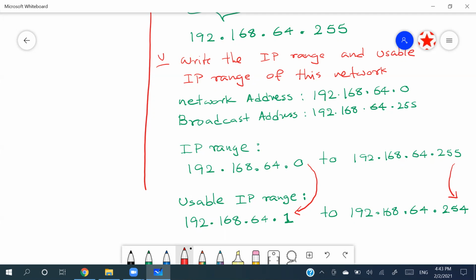So 192.168.64.254 කියන තැන. Right? හරි. දැන් මට මේ අහන ප්‍රශ්නට උත්තර දෙන්න හැමෝම.